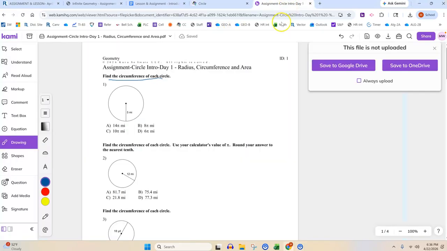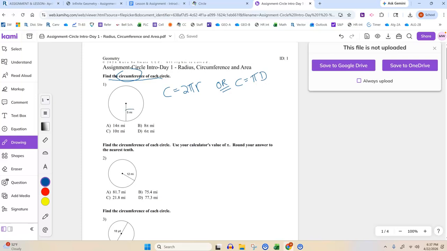So if we go over here and we're looking for the circumference, I'm going to put C for circumference equals 2 times pi times the radius, okay? Or the same thing is you can go circumference equals pi times the diameter, which is the whole thing.